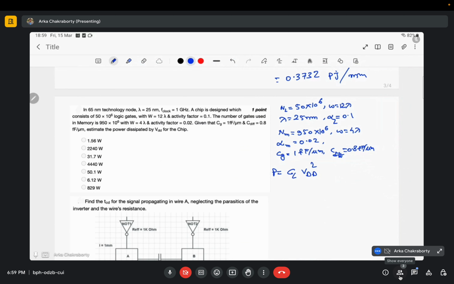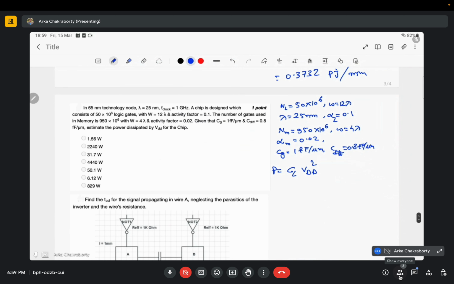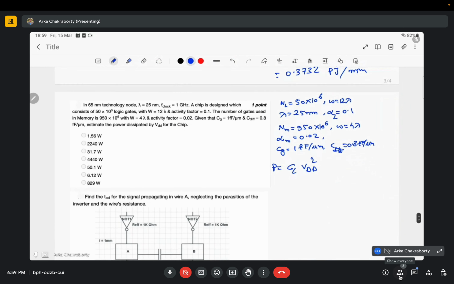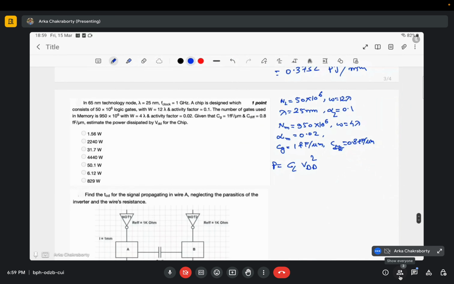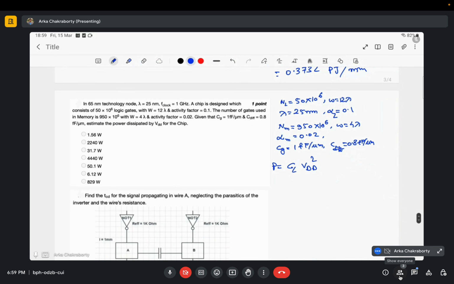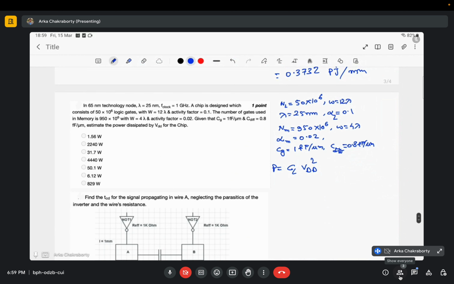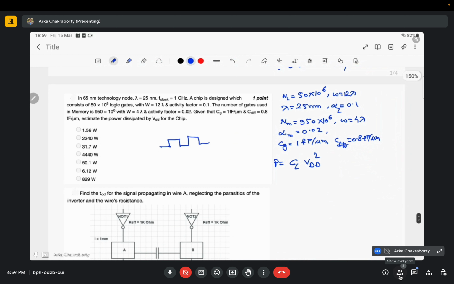But if a system, say a sequential system, is operating at a frequency of f, this is my clock frequency f, and in sequential circuits generally they work at rising edge or falling edge. So f is the frequency, and any arbitrary changes should not be captured.